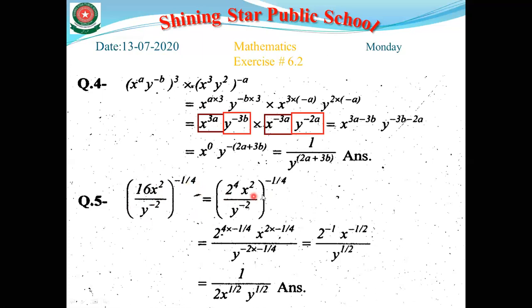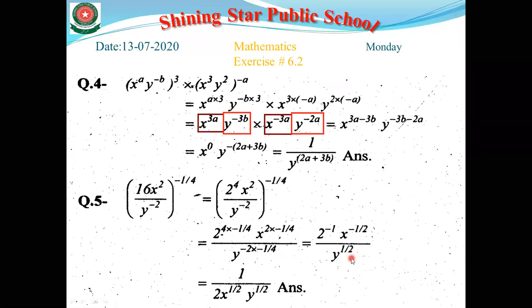So now we multiply minus 1 over 4 within the bracket. 4 multiply 1 over 4 minus, 2 multiply minus 1 over 4, y power minus 2 multiply minus 1 over 4. 4 4 cancel, 2 power minus 1. 2 1s are 2, 2 2s are 4, x power minus 1 over 2, minus minus plus, 2 2s are 4, so 1 over 2.